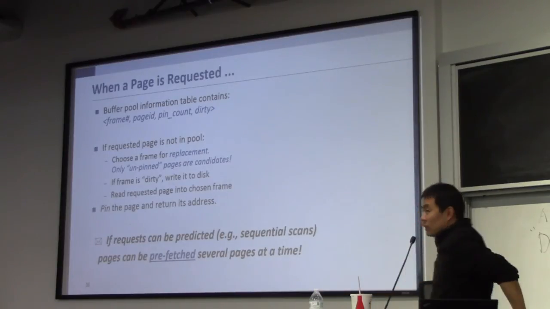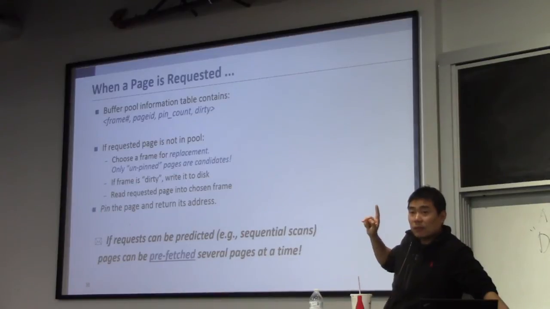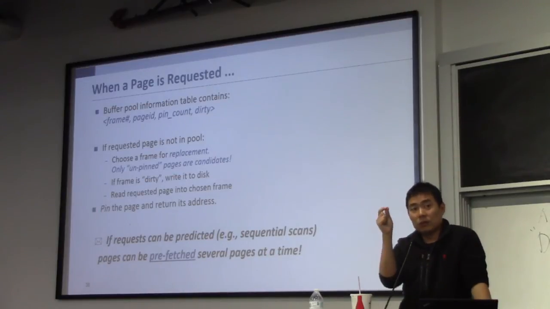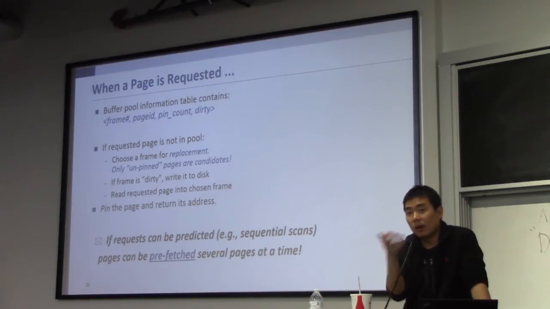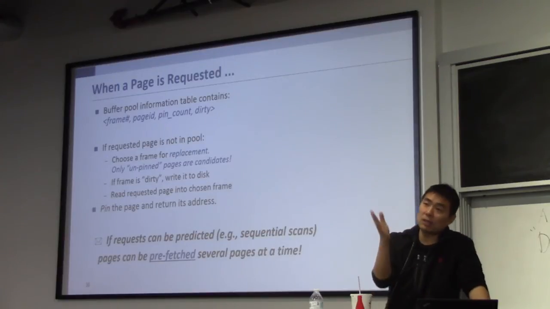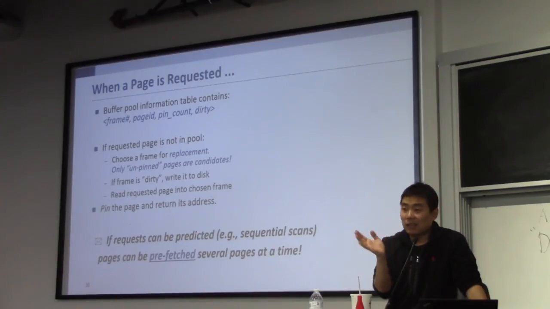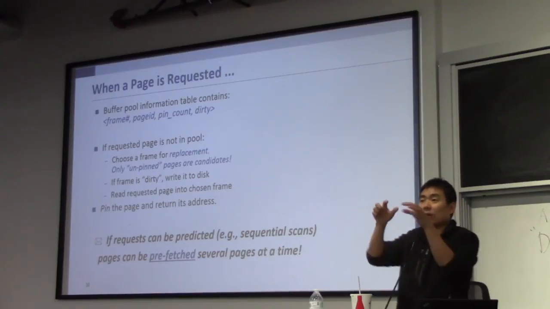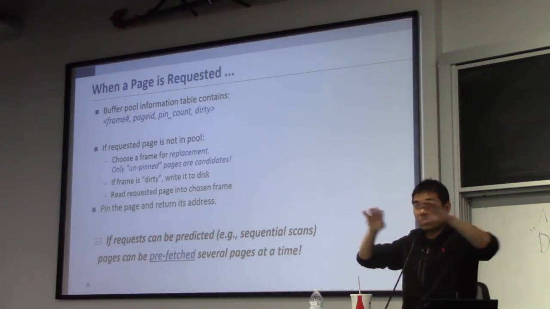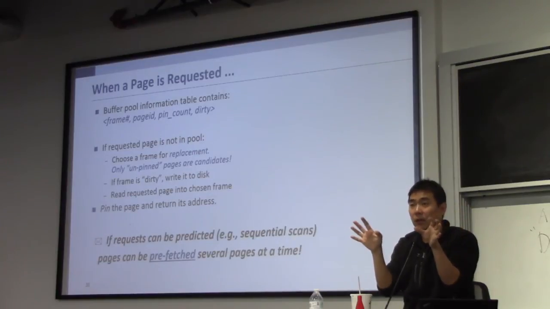Why does this have to do with atomicity? Atomicity says, when a transaction commits, all changes must be reflected, but when a transaction aborts, it must be like nothing has happened before. Imagine a case where a transaction has made a bunch of changes. There are dirty pages, they are cached in the buffer.